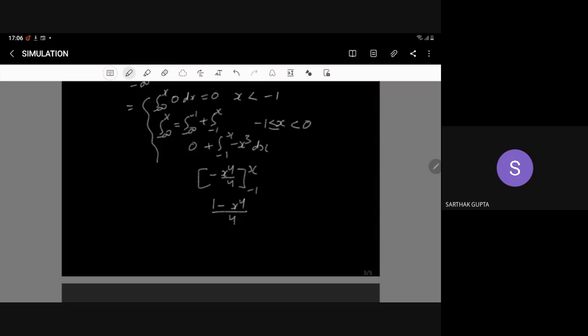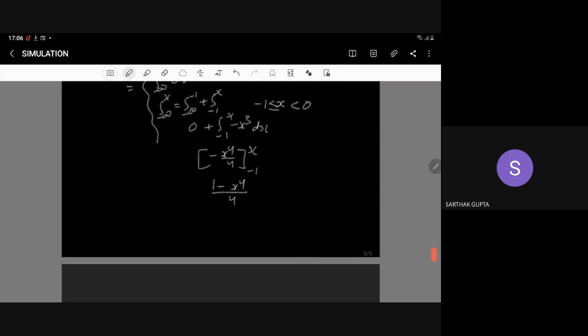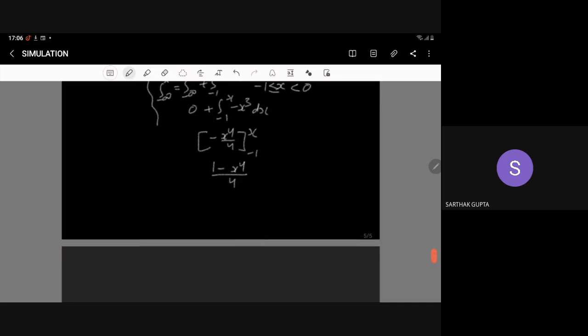When we put x equal to 0, this gives 1 by 4.